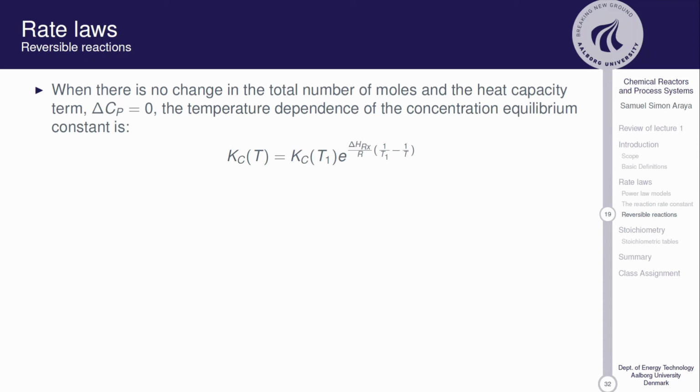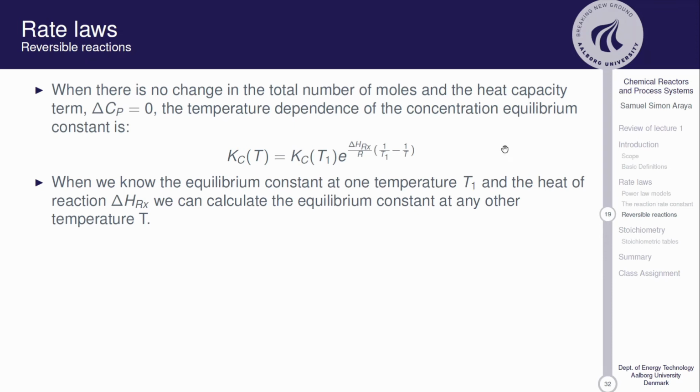When we don't have a change in the total number of moles and in the heat capacity, we can define that Kc at a given temperature will be equal to Kc at the previous temperature times e to the power of the heat of reaction delta H divided by the gas constant, times 1 over T1 minus 1 over T. So once we have the equilibrium constant at one temperature, we can find what the equilibrium constant will be if we change that temperature.